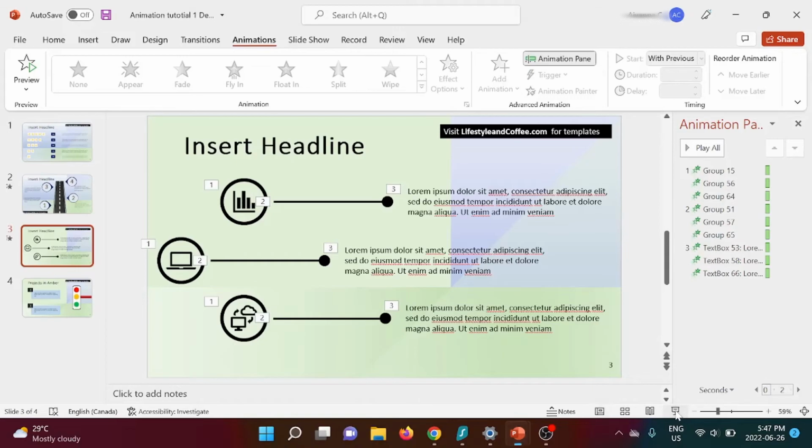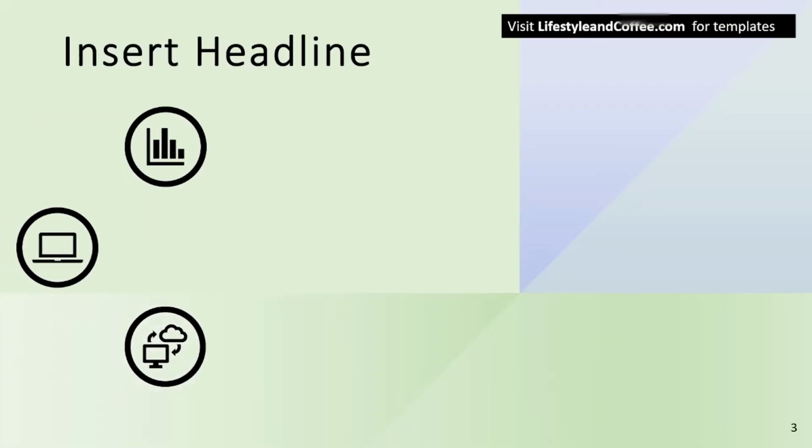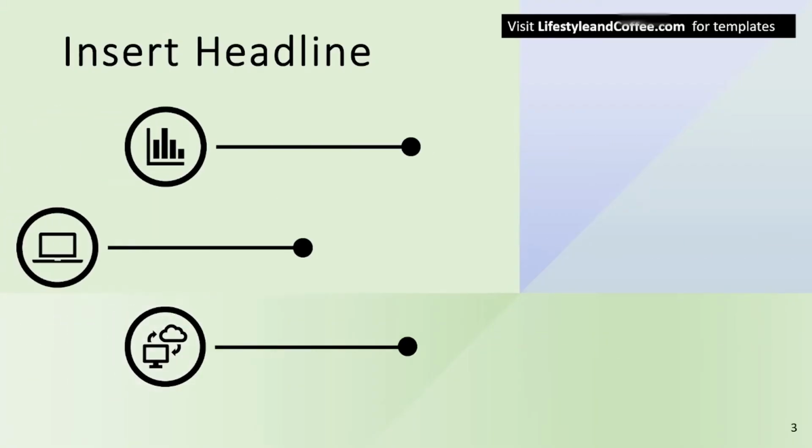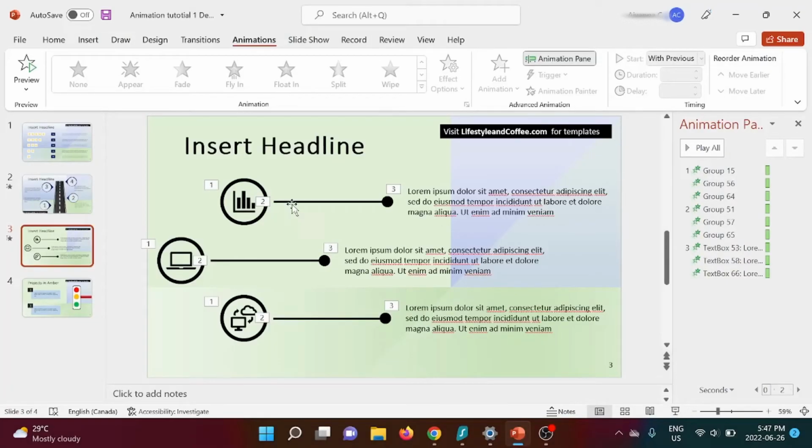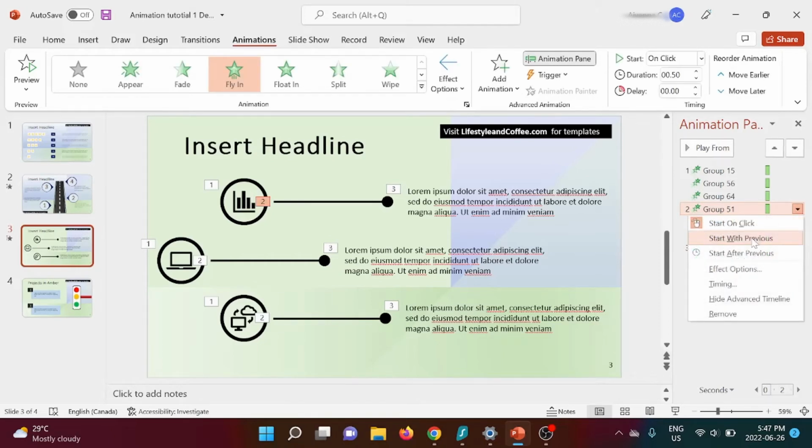So let's go full screen and then click 1, click 2, and then click 3, right? If you want each to come with the click, great. If you want to save more time and combine all these, all you have to do is go here, go to start with. Start on click only means you have to click the right arrow once for these animations to come.